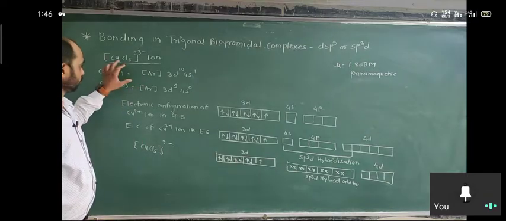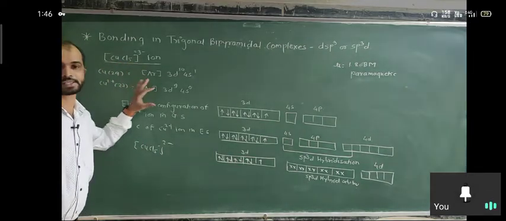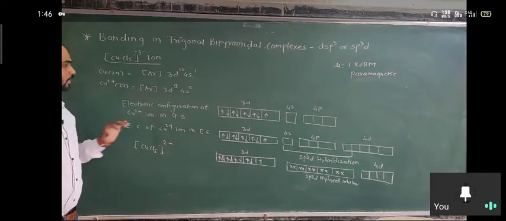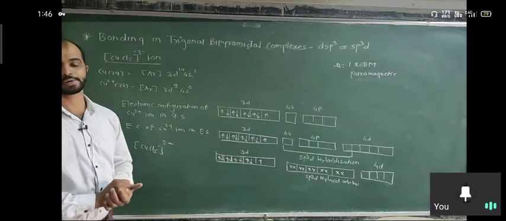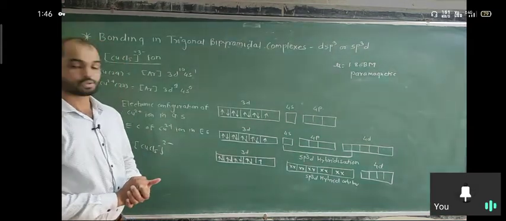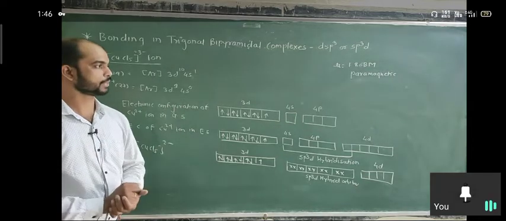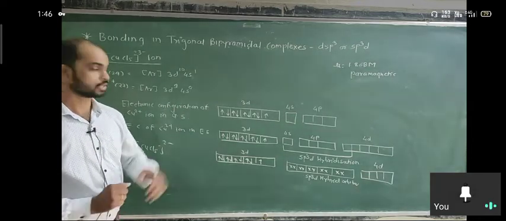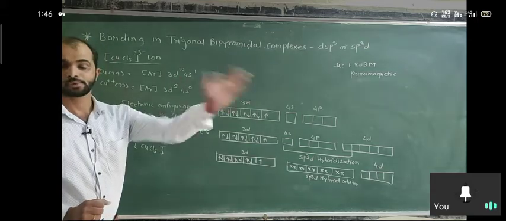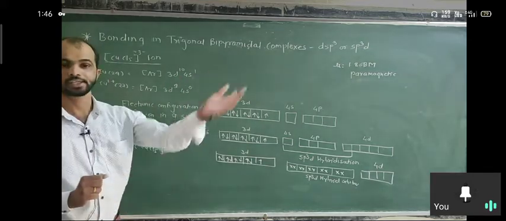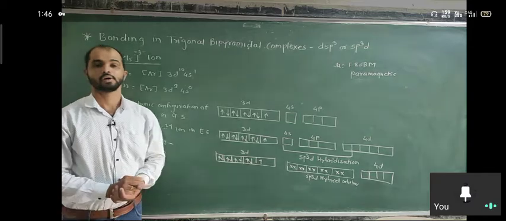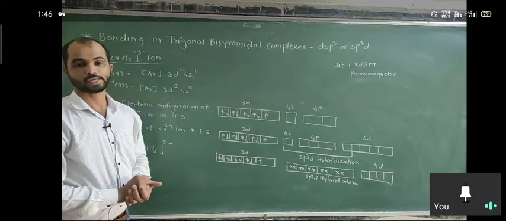So in the CuCl5 3 minus ion, Cu2 plus has 9 electrons in 3d orbitals. To make one empty d orbital, it is necessary to promote the electron into a higher energy level, which is not possible due to the lower promotional energy from the ligand.